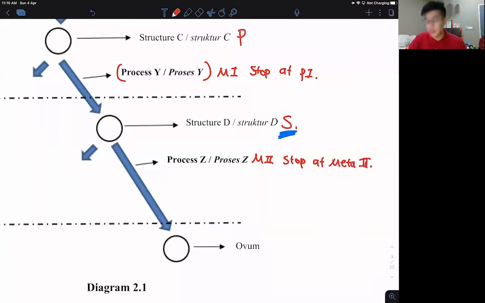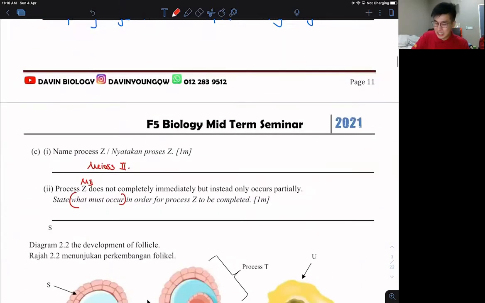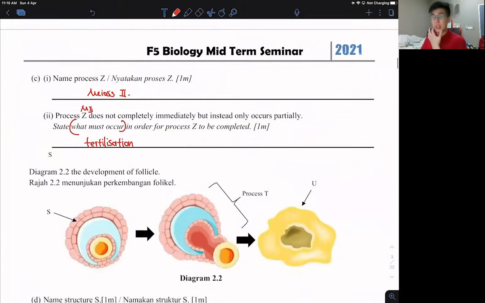So what the question asks is what must occur, then only will I complete to become ovum. So now I need to wait for sperm to come and fertilize the secondary oocyte. So the answer is fertilization.